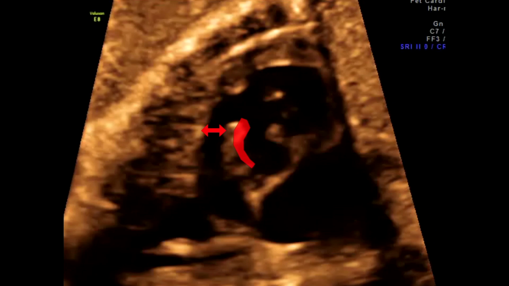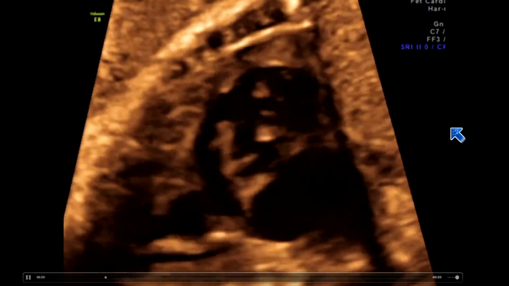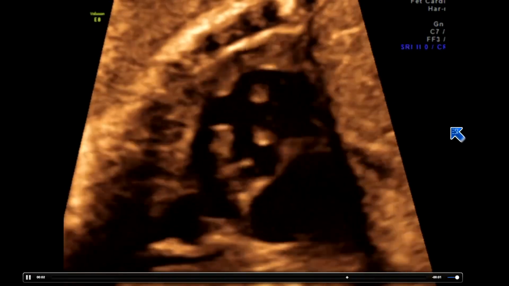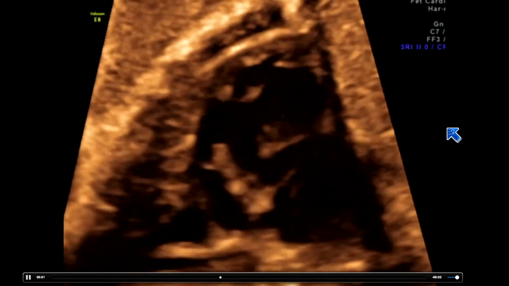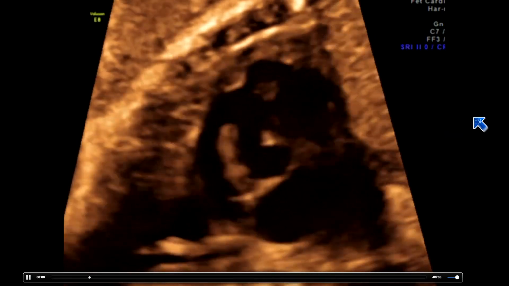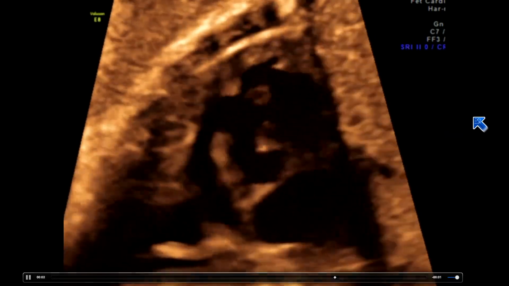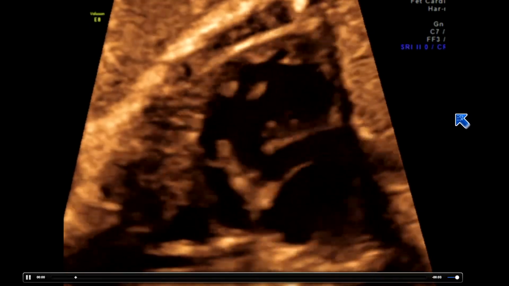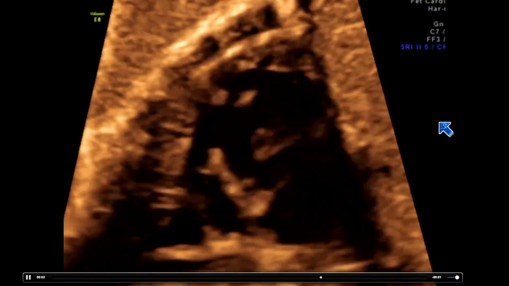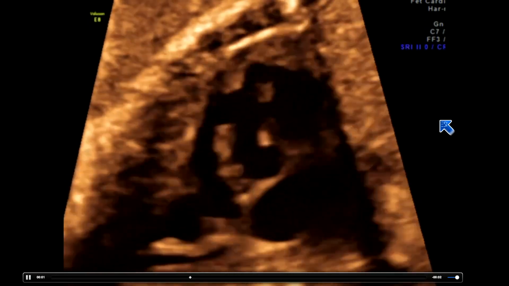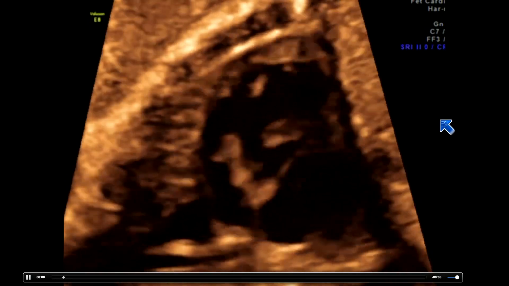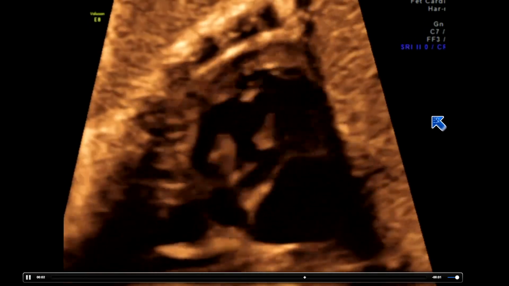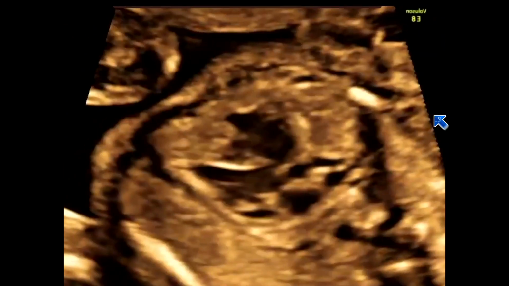And here's your VSD. So let's remove these cartoons. Notice how that view is immediately more reassuring to you, like, yep, that's truly a subaortic VSD. I'm not just catching the part of the pulmonary artery as it comes out of the ventricle. So that's why I loved that view and that schematic. For me, it was a really nice way to reassure myself about the presence or absence of a VSD.